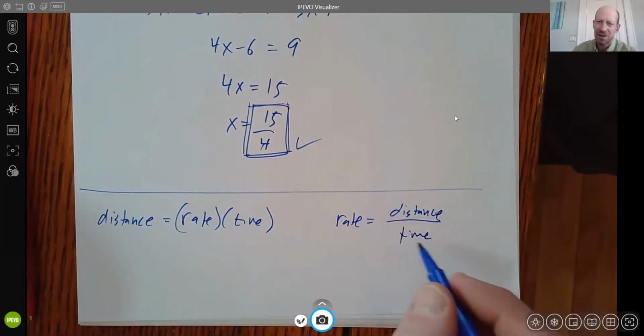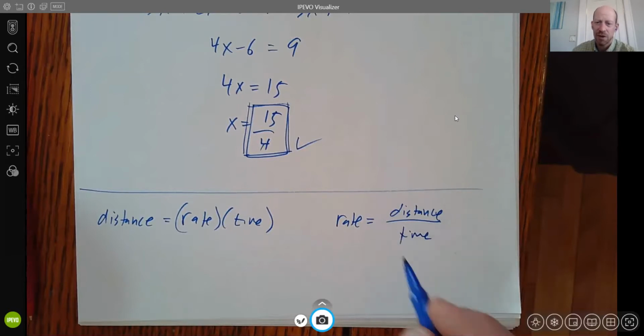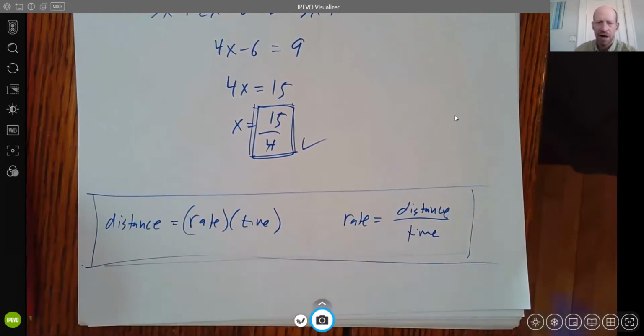And if you didn't know the time, that was a variable, this could create a rational expression for you. Or the time could be the distance over the rate. So that's just a little note to remember when you're doing these application problems. That's a fairly common equation for these.